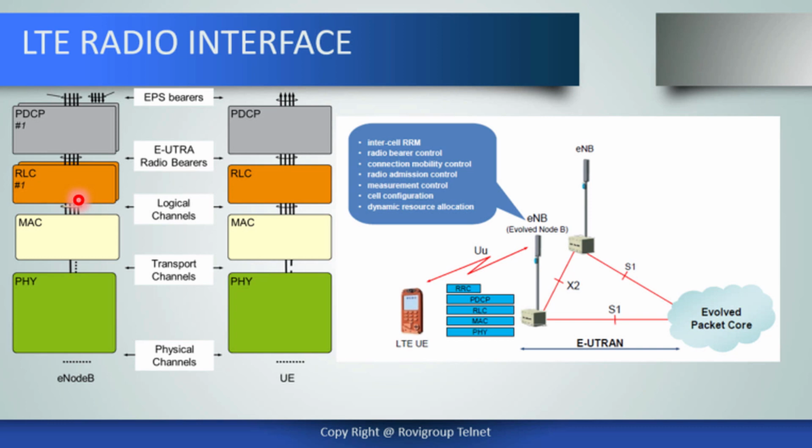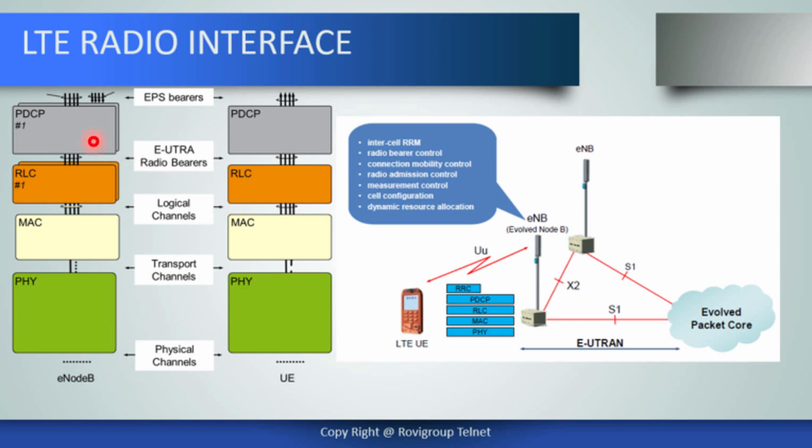In the radio link control layer, concatenation and segmentation are performed, and also ARQ is performed. At the UE side, ARQ and decoding is performed.